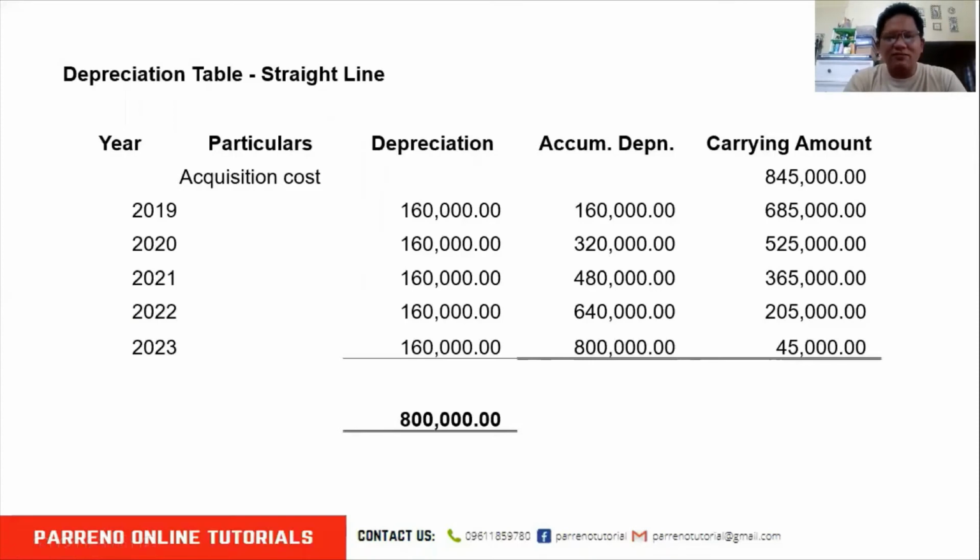At the end of the life of the asset, its carrying amount is equal to the scrap value, or the unallocated portion. It starts with the cost and it ends with the scrap value. So that's for the straight line method: uniform depreciation expense each year for the entire life of the asset.